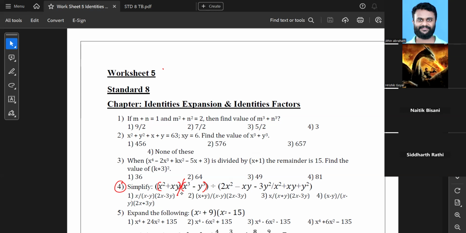But I don't think it is like that. This is x square plus xy in the numerator. When I take x common, I'll be left with x into x plus y divided by x cube minus y cube. So the formula for x cube minus y cube goes as x minus y multiplied by x square.